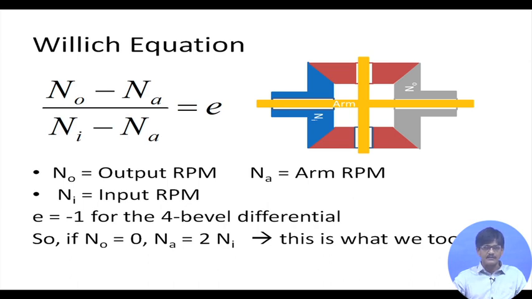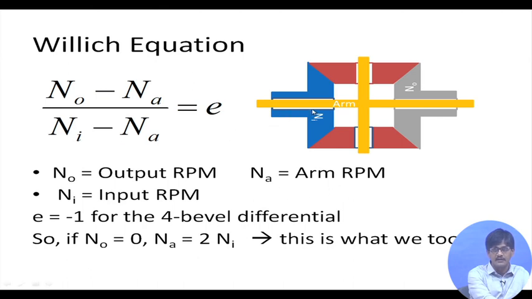This is written slightly upside down: I am giving the input here, I am giving the second input through the arm rotation, and I am getting an output here. I can also give this one as a second input, this one as the first input, and get the arm rotation as an output. This is what we had done in the actual numerical problem on gear hobbing that we had discussed.